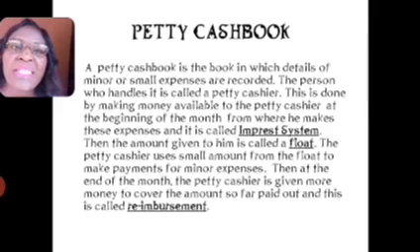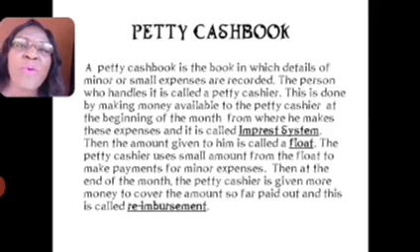This petty cashier controls the petty cash book by the management making money available to the petty cashier at the beginning of a period, say a month, from where he makes these expenses. And this system of giving the cashier money from where he will make the expenses is what we call the imprest system.